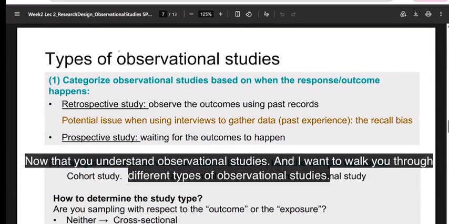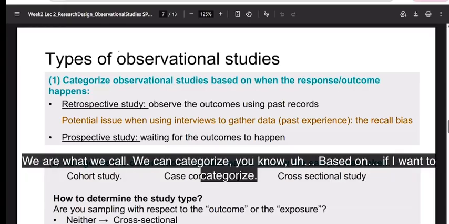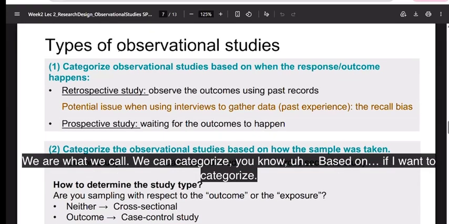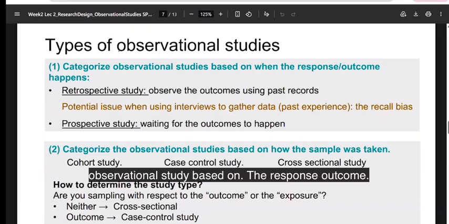Now that you understand observational studies, I want to walk you through different types of observational studies. We can categorize observational studies based on when the response or outcome happens.